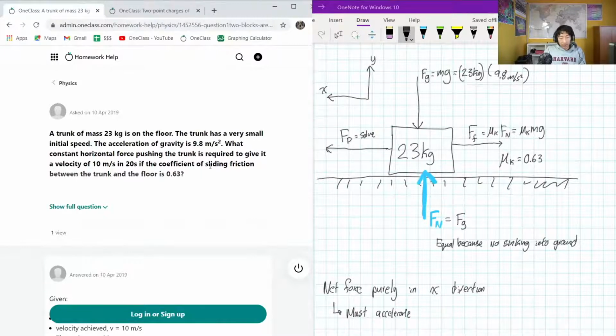Since they gave us a coefficient of sliding friction, they have to say that it has a non-zero initial speed. Otherwise, we'd be going with static friction. It would be a little bit harder, but that's not something that we really need to worry about right now. So it must accelerate from 0 meters per second to 10 meters per second in 20 seconds.